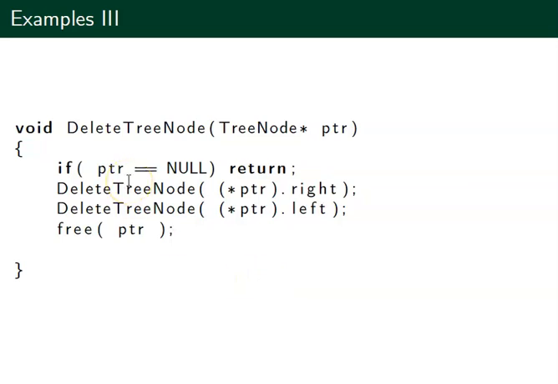Basically you check if the pointer is null. If the tree node you're trying to free is actually not there anymore, then you just return. Otherwise you delete the tree starting from the right, and you delete the tree starting from the left node, and then you free the pointer. So this is basically the idea.